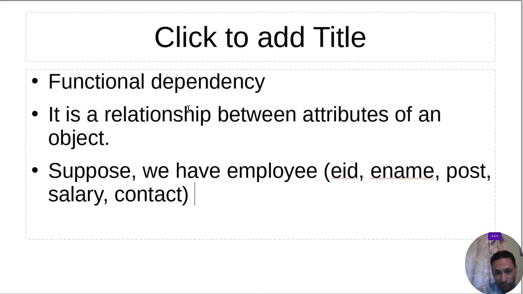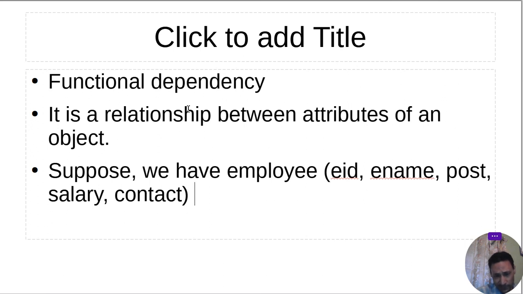So can we find a relationship between these attributes? Let's suppose that employee ID is the primary key. If we know the value of the primary key, then we can know the name of the employee, we can know the post of the employee. That means here we can find a relationship between employee ID and other attributes like employee name, post.